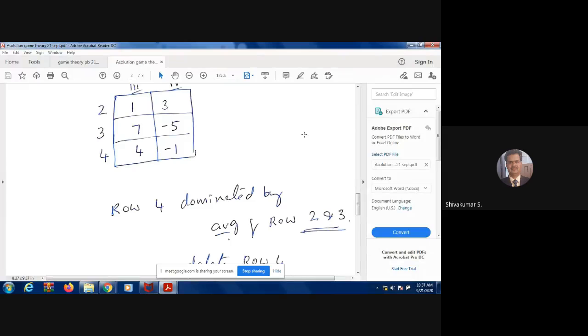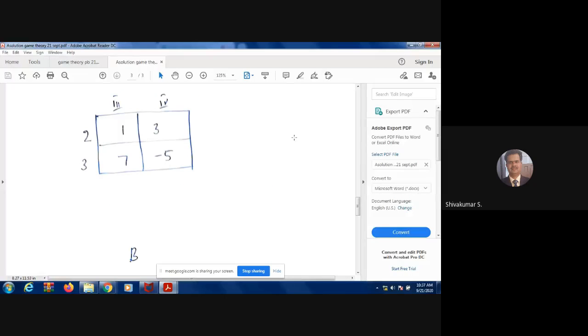Now you compare this average value with the values in row 4. Row 4, you have 4, minus 1. So they are equal now. You are deleting row 4, keeping the final matrix as 2 by 2. This is the matrix you are going to get. Final matrix: 2, 3 and 3, 4.